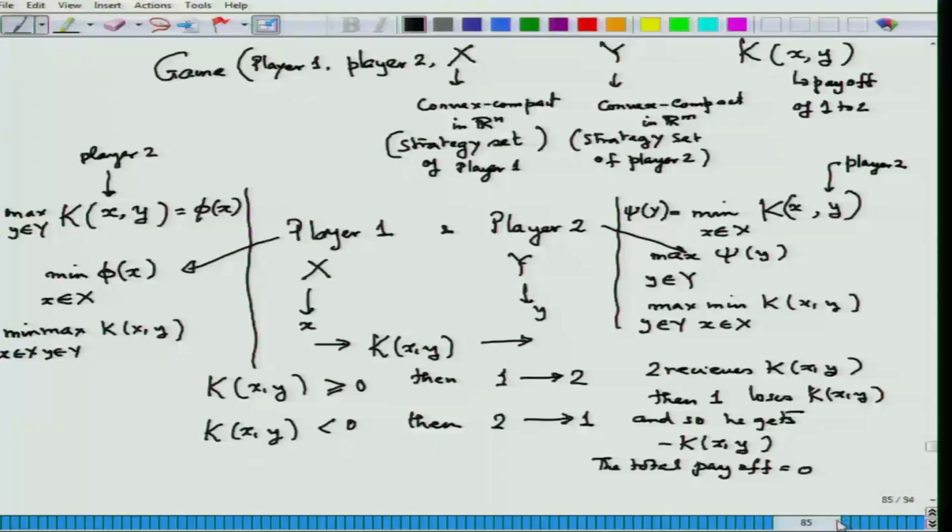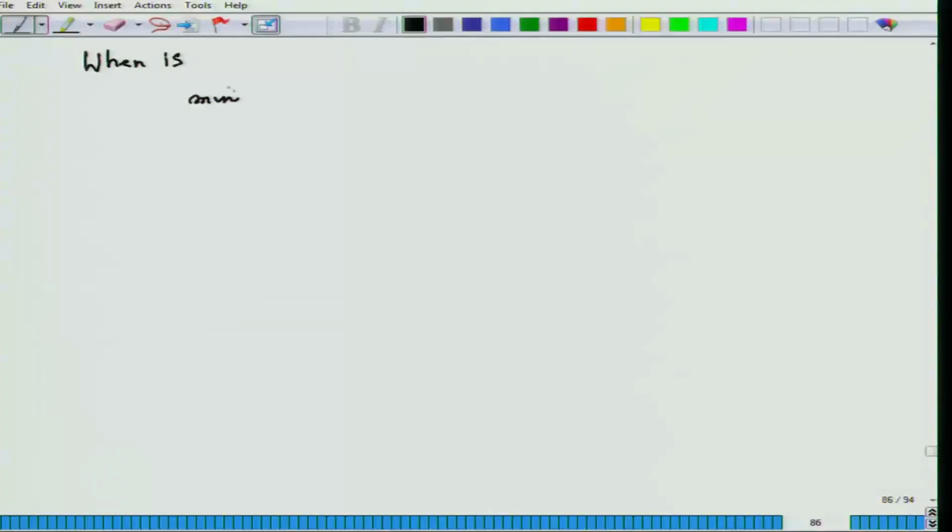Of course, one of the major problems of game theory is to know when is min max over x, max over y equal to max over y, min over x.